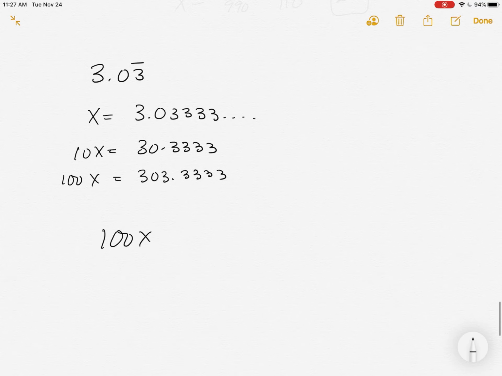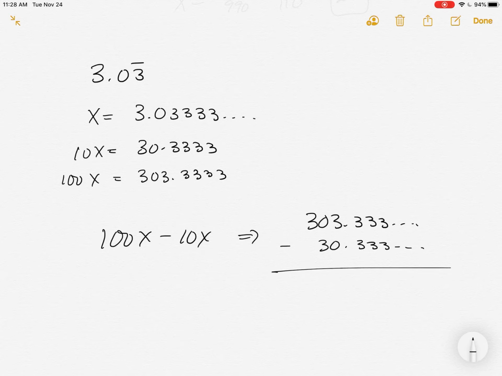If we take 100x and subtract away 10x, what we're doing is taking 100x, 303.333 repeating, and subtracting away 30.333 repeating. So what do we get out of this?